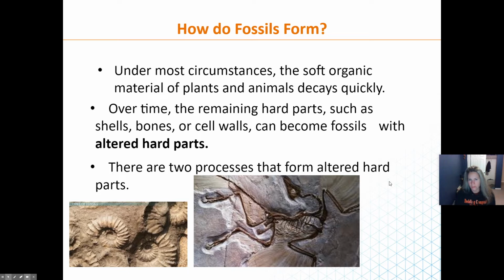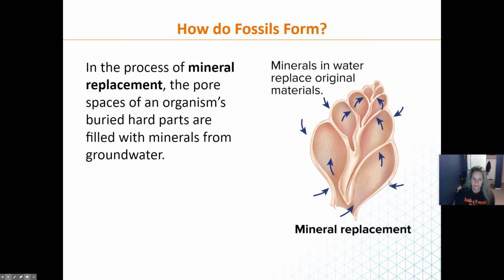So here we can see just bone structure, or we can see the shells. Those would be parts, so they're not the original animal. It's not with fur or with feathers, but it's just altered hard parts. So it's basically reformed into, like, a cast.